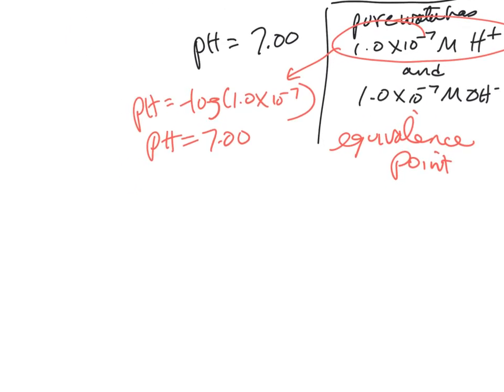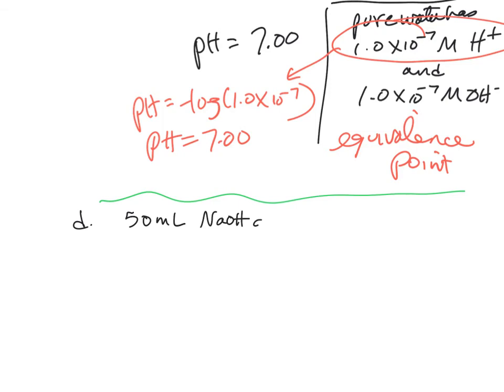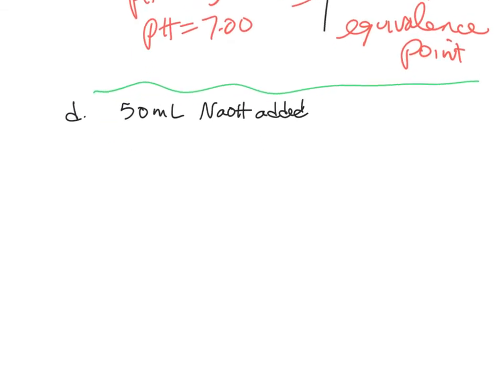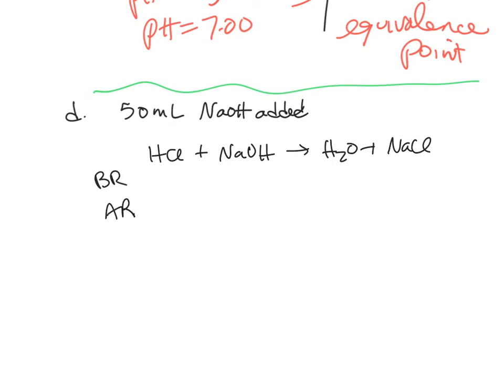All right, then the last part here, call that part D, 50 milliliters of sodium hydroxide added. Of course, that's the total amount. Go back to your reaction table, do another one, and this will be HCl plus NaOH forms H2O plus NaCl. Before the reaction, after the reaction, 0.0040.